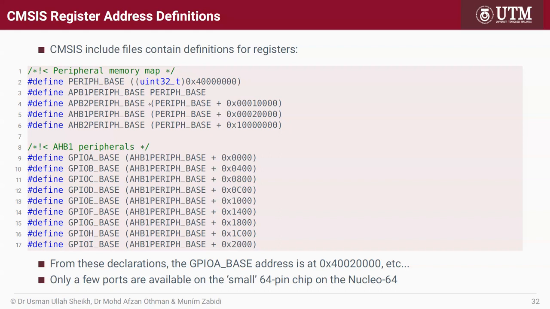So you have to add: 40 million plus 20,000 plus zero. And then if you have other ports, like if you want to access port B, C, D, and so on, the base address will be different.